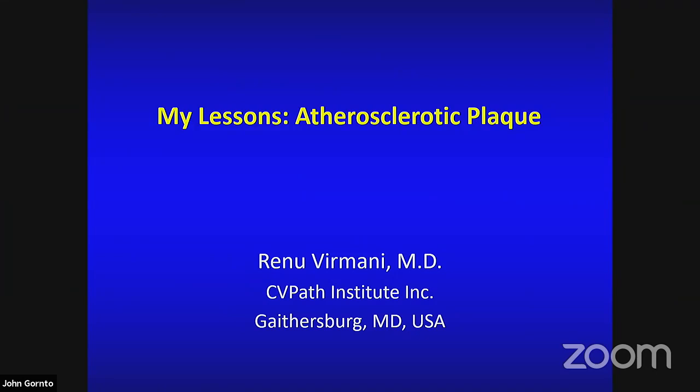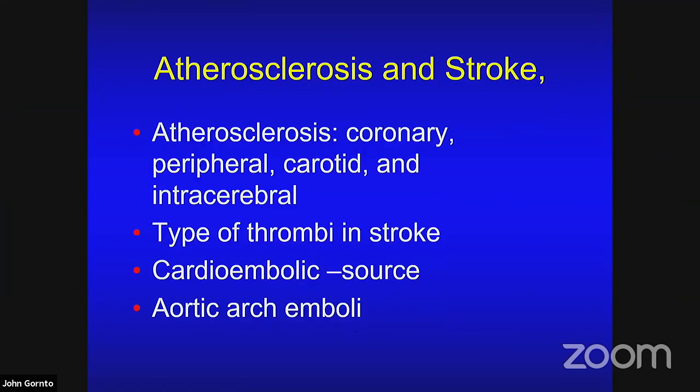So I'm going to talk a little bit on atherosclerosis. My talk is going to be divided into atherosclerosis in the coronary, because that's where I've done most of the work. I'll talk a little bit of the periphery, where there are some things which are different and unique, so that you get a better idea of what's going on in atherosclerosis throughout the body.